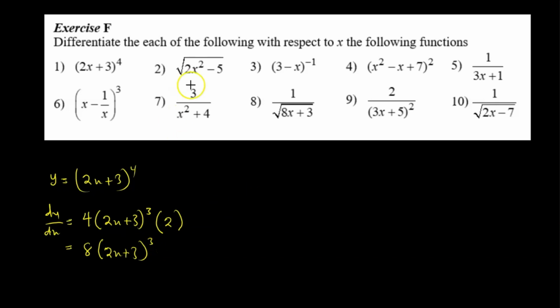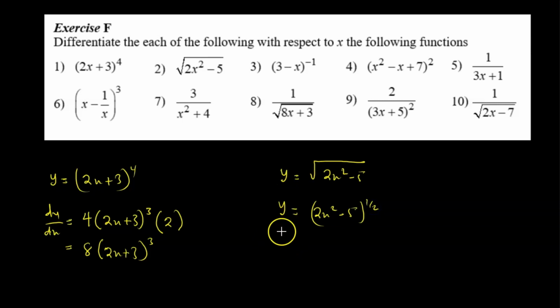Again, we have a surd function, which is a function under the radical sign. So having y equal to square root of 2x squared minus 5, before working out dy dx, write it in the power form, whereby it will be easier to work out. So y is equal to 2x squared minus 5 all to the power half.